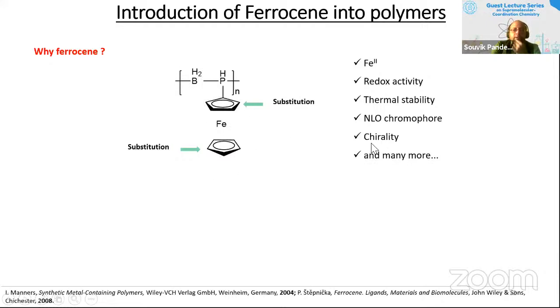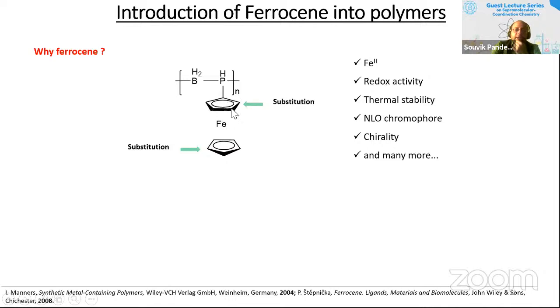In case of chirality, I think for the students, you must have studied chirality like normal, when carbon is attached with four different groups. We have R and S. All this you have noticed, but there is one more kind of chirality you have to study, that is called planar chirality. What is planar chirality?